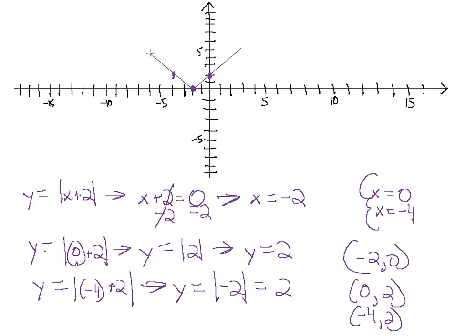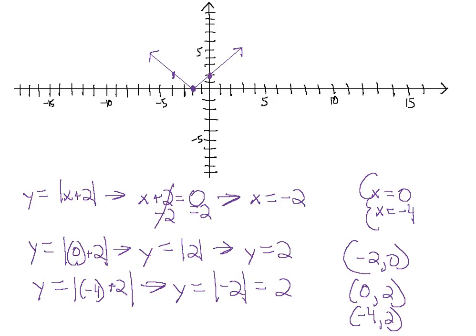And we have arrows on the end because these do go indefinitely. They're continuous. They go to infinity. The domain and the range are both the set of all real numbers. And that's the graph of the absolute value equation y equals the absolute value of x plus 2. It looks like the shape of a V, and the 2 lines join at this point called the vertex.